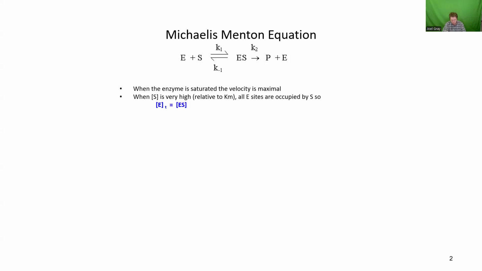Now, when the substrate concentration is high relative to the Km, which, remember, the Km is the concentration where your enzyme is at half of its maximum velocity. Now, a Km, keeping in mind, is a concentration. So this is basically an idea that when the substrate concentration is very high, consider it like 20 times the concentration of the Km.